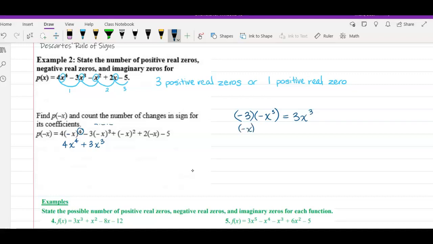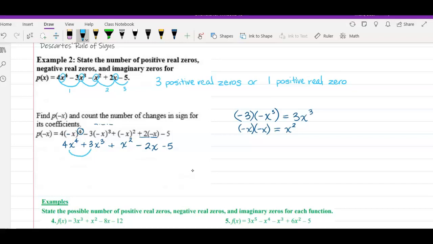All right, negative x squared. That means negative x times negative x, which is positive x squared. So my next term is positive x squared. My next term, 2 times negative x makes negative 2x. And then finally, negative 5. So now we're able to look for some sign changes.